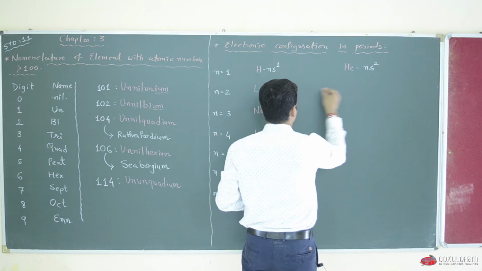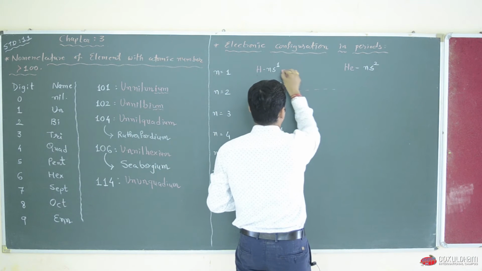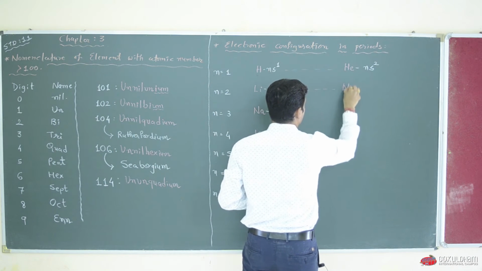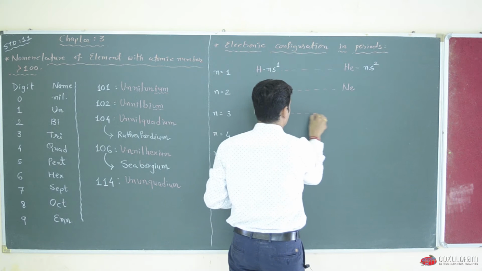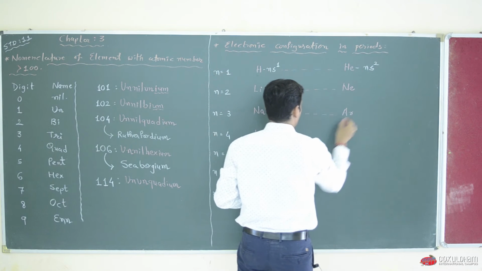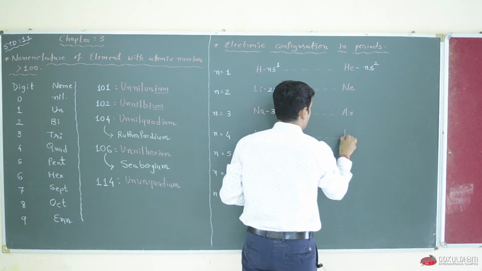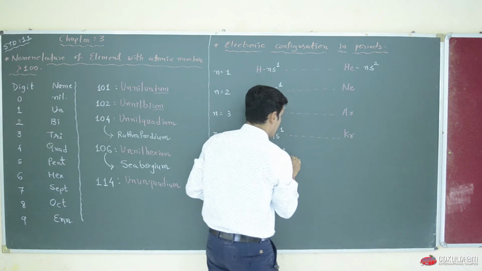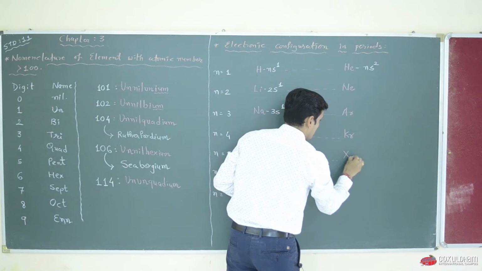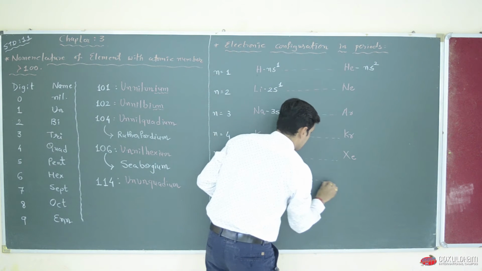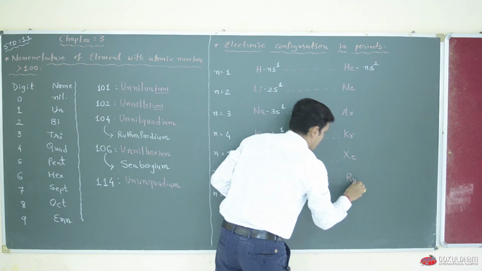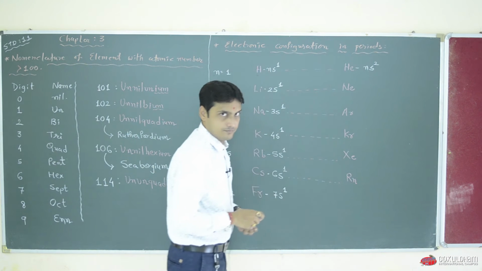After helium, on the right hand side you will get neon, then argon, krypton, xenon and radon.